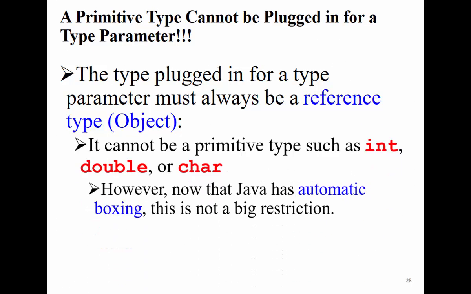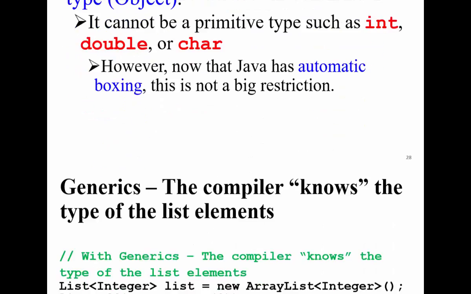So as we said, we cannot put integers, double and char between the angle brackets, but with automatic boxing, this is not a big restriction on using these primitive types and assigning them to values.